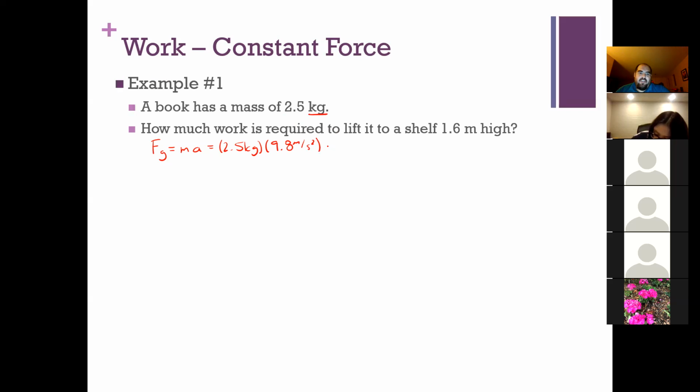So I get 2.5 kilograms times 9.8 meters per second squared, which is 24.5 newtons.